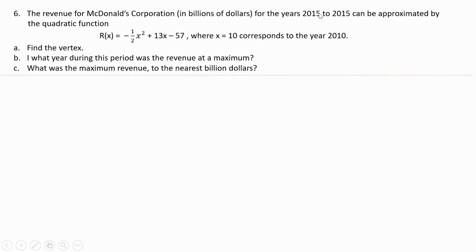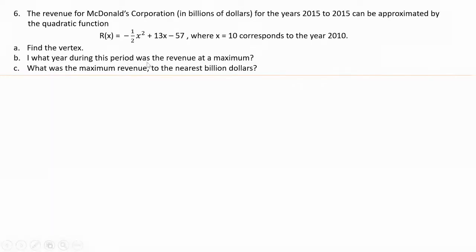This would be a 10 here, and this should be 2015. It can be approximated by the quadratic function r of x equals negative 1/2 x squared plus 13x minus 57, where x equals 10 corresponds to the year 2010. So this should have been a 2010 here, guys. My apologies.